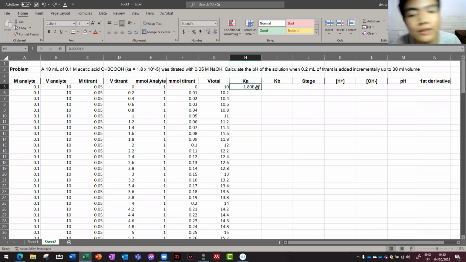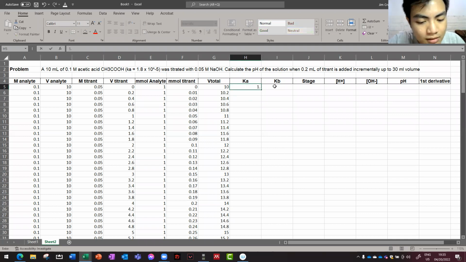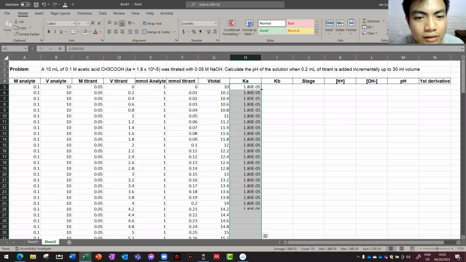Excel will automatically convert that into a decimal. So again, press 1.8, then E, and the exponent, negative 5. So I will just drag it for the entire data.